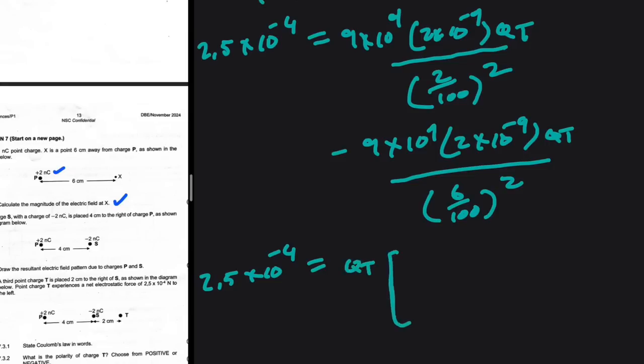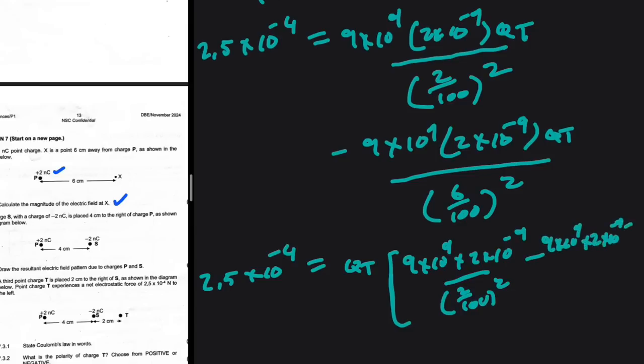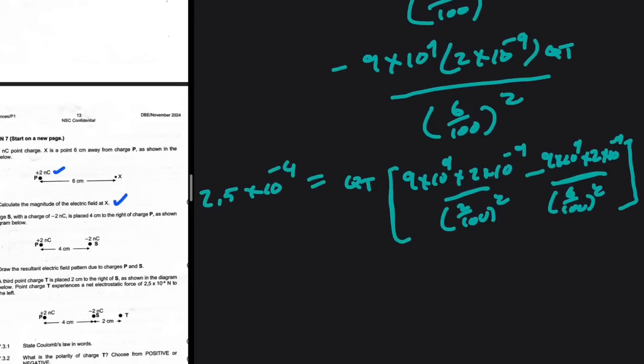So we are going to be left with 9 times 10 to the power 9 multiplied by 2 times 10 to the minus 9 divided by 2 over 100 squared, minus 9 times 10 to the power 9 multiplied by 2 times 10 to the minus 9, everything divided by 6 over 100 squared. If we divide both sides by this coefficient of Qt, we get Qt being equal to 6.25 times 10 to the minus 9 coulombs.